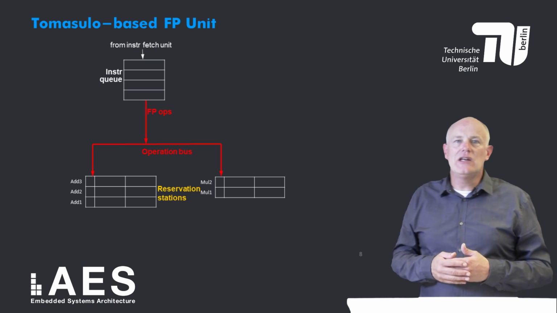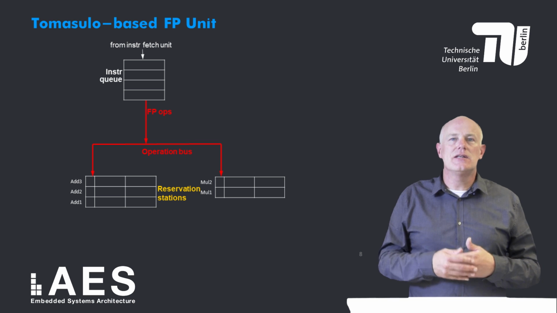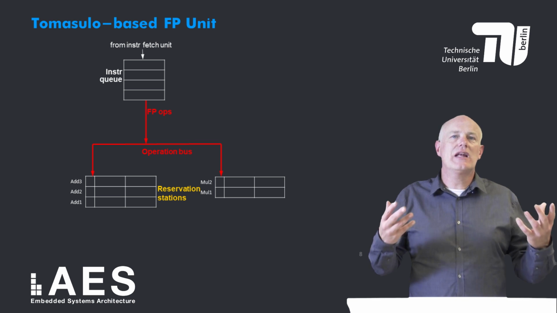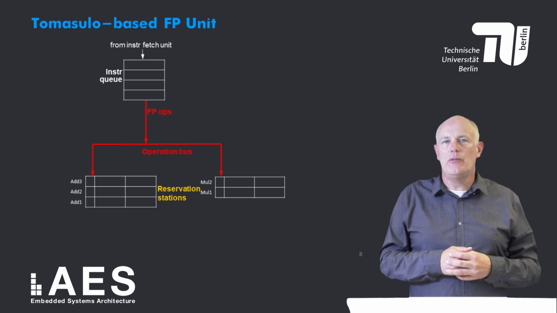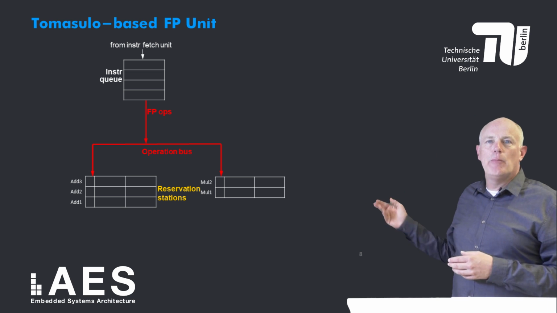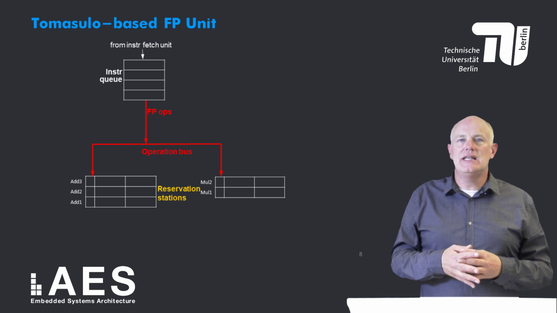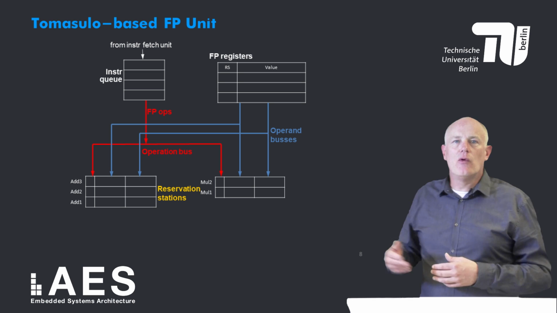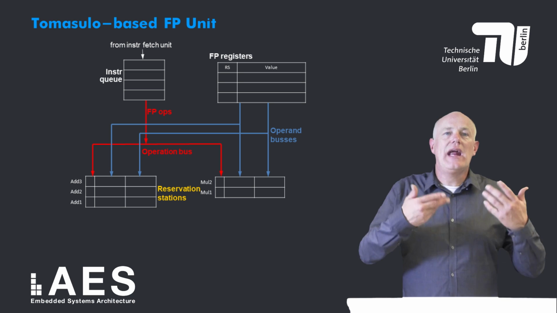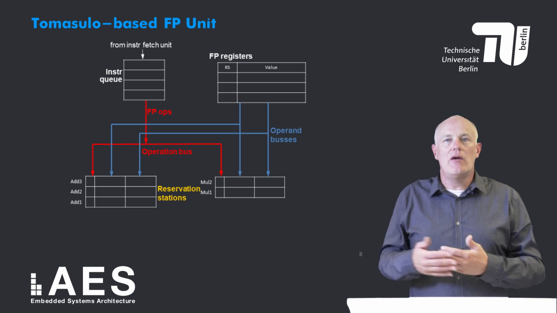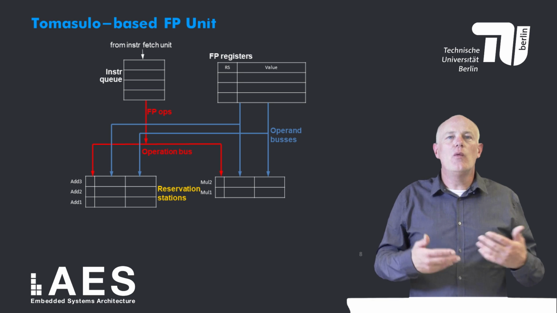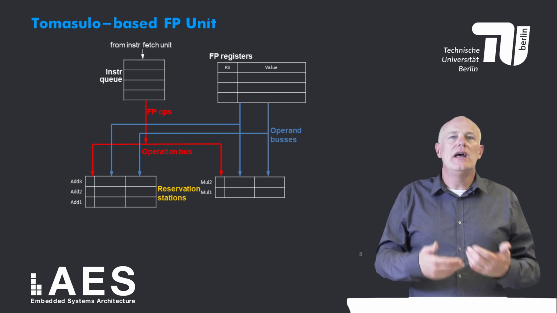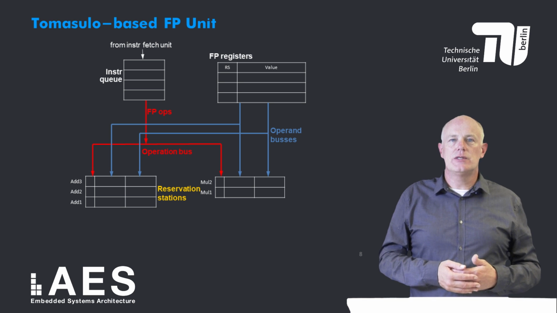Here I have drawn in total 6 reservation stations, 3 floating point addition reservation stations that can hold floating point add and subtract operations, and 3 floating point multiply reservation stations that can hold multiply instructions. As explained before, the instruction is issued together with its operand values if they are available in registers, otherwise they are issued together with identifiers of the reservation stations that will produce these operand values.